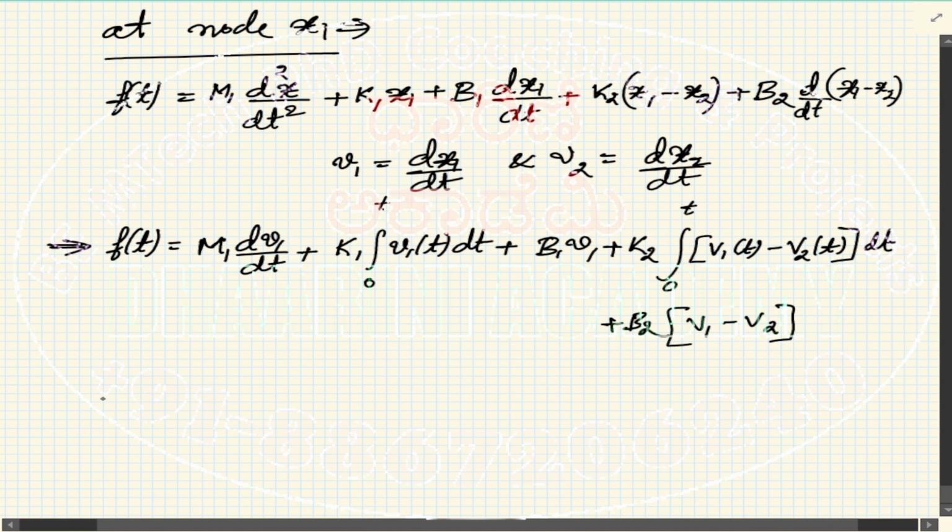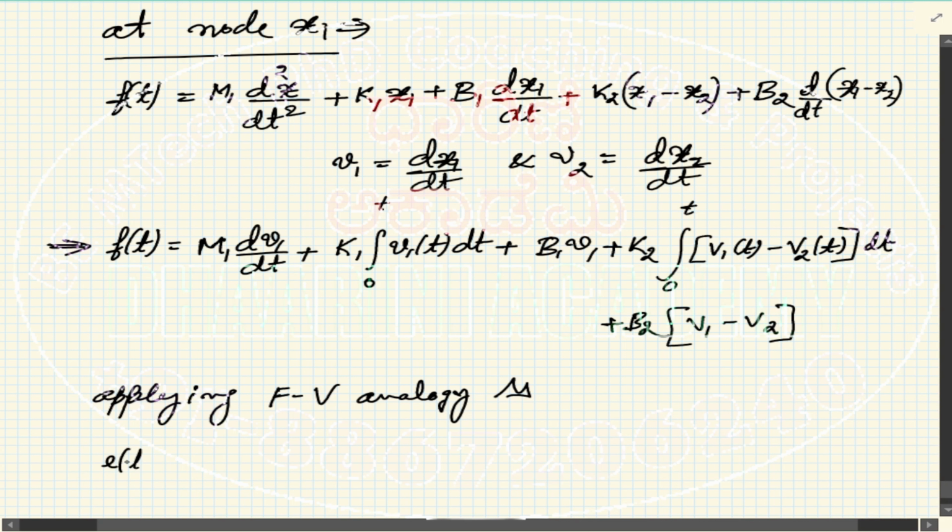So applying the analogy, I'm going to get the following. Force is equal to voltage.